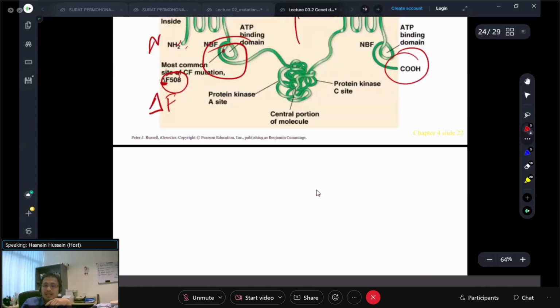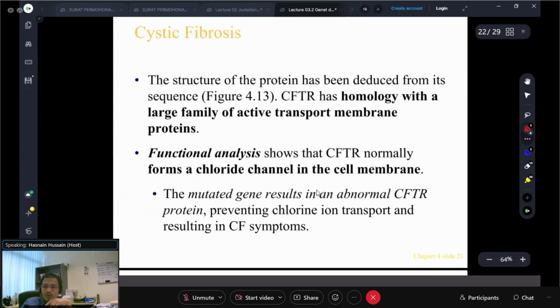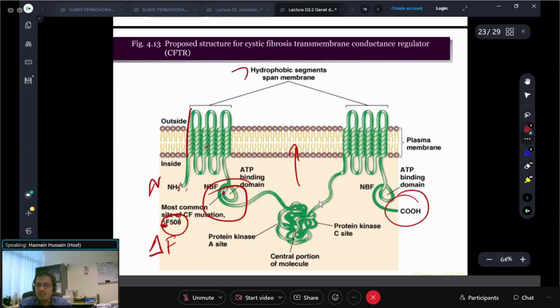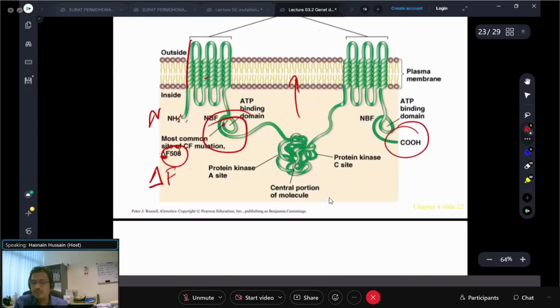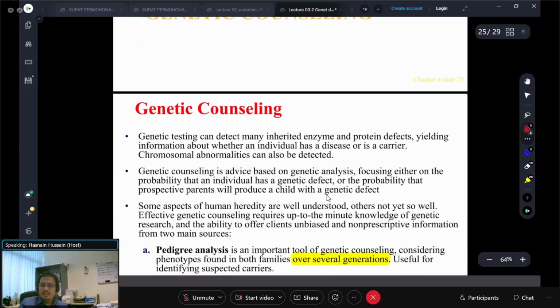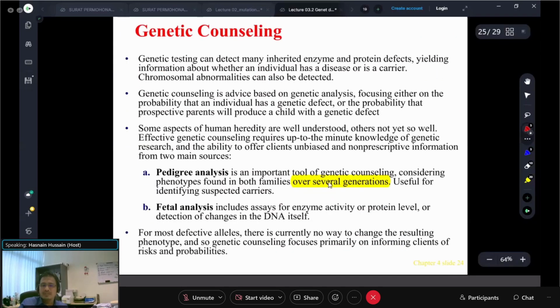All right, so that is one of the causes of the disorder due to changes in the protein structure of a molecule. Okay, then just a little bit of genetic counseling.